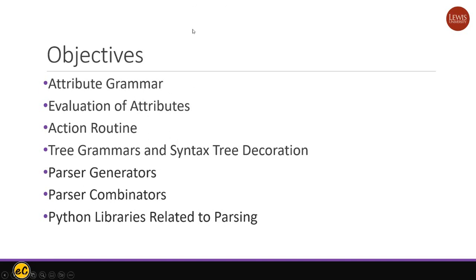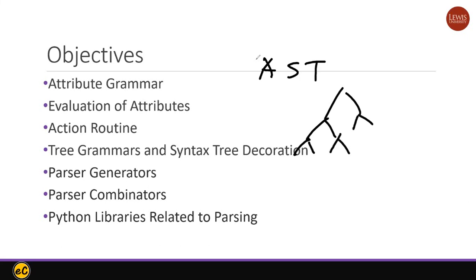We build a tree called abstract syntax tree, AST. Your whole program now is in this AST, and now we want to evaluate this tree. By the evaluation, you know whether the grammar is correct or not.